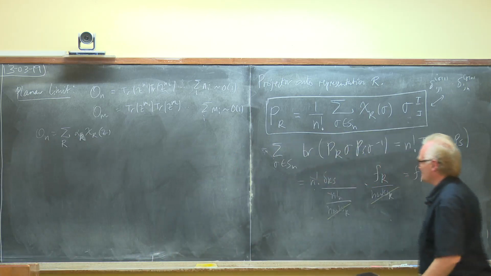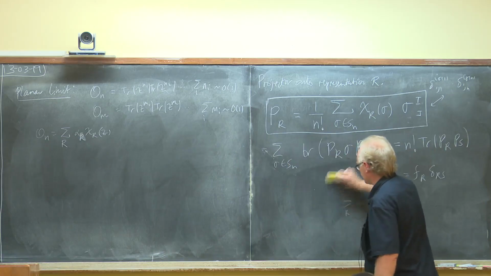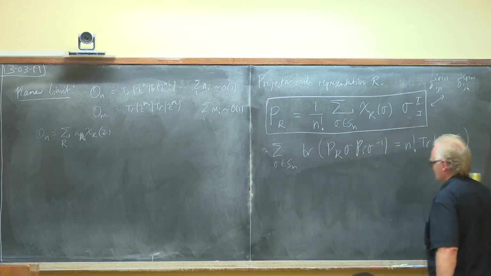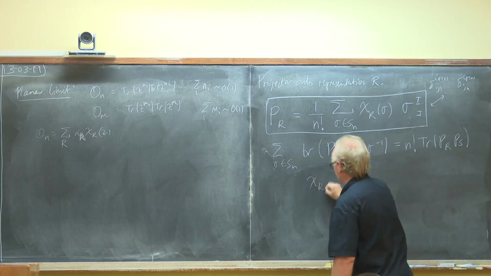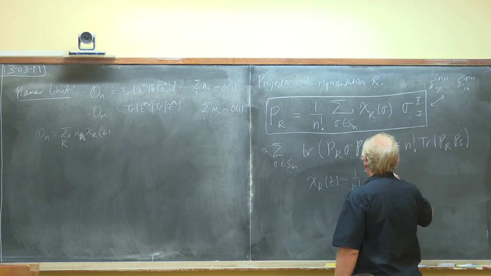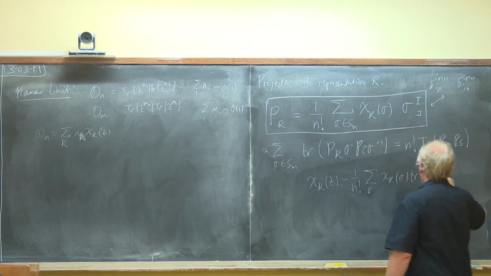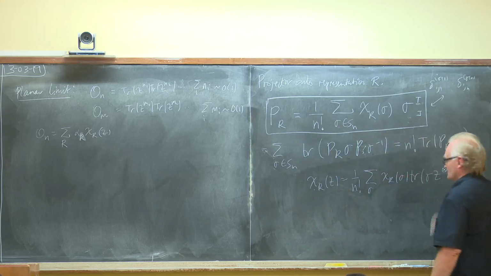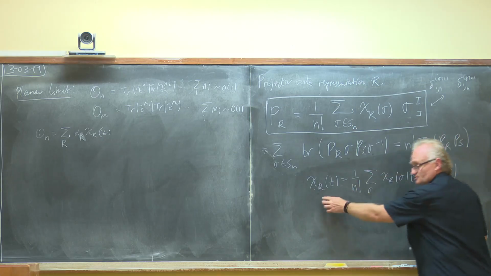One formula that I should have written down, so let me write it down now, is the following. So we had this, which told you how to go from the traces to the Schurs.